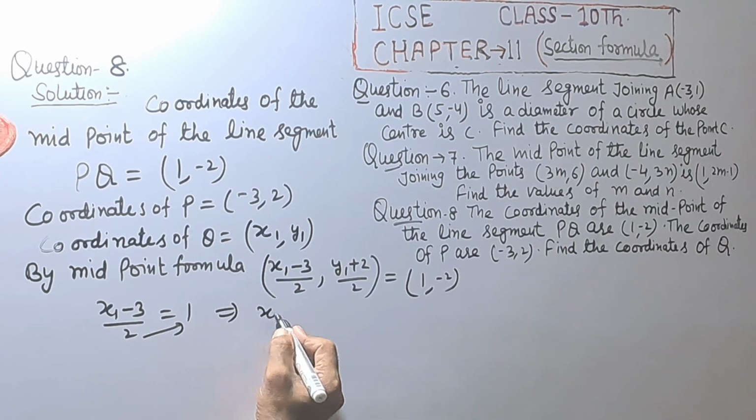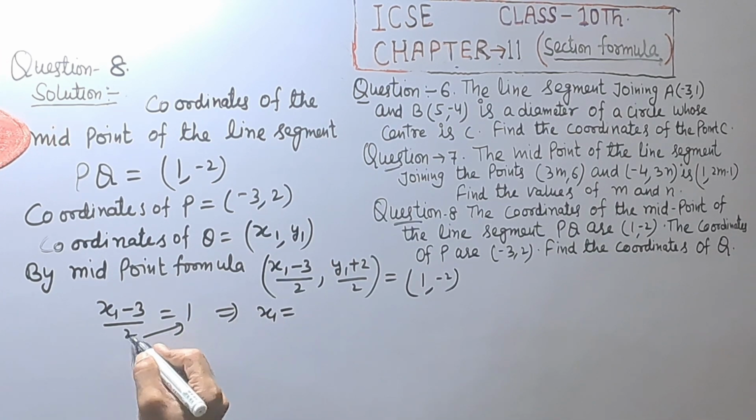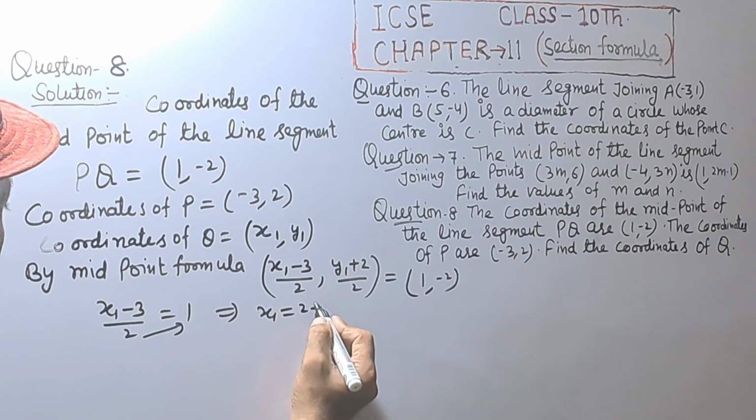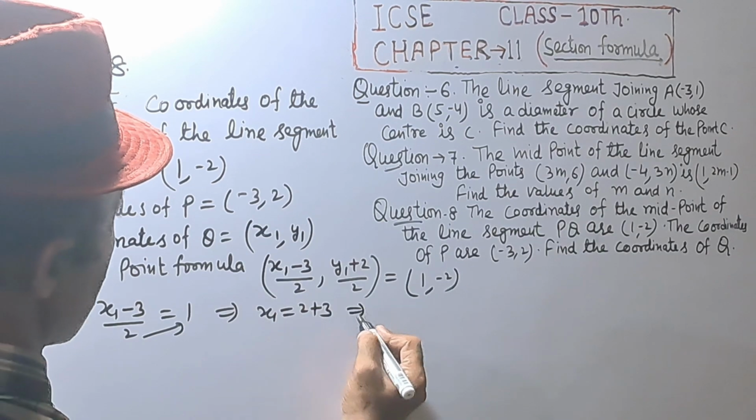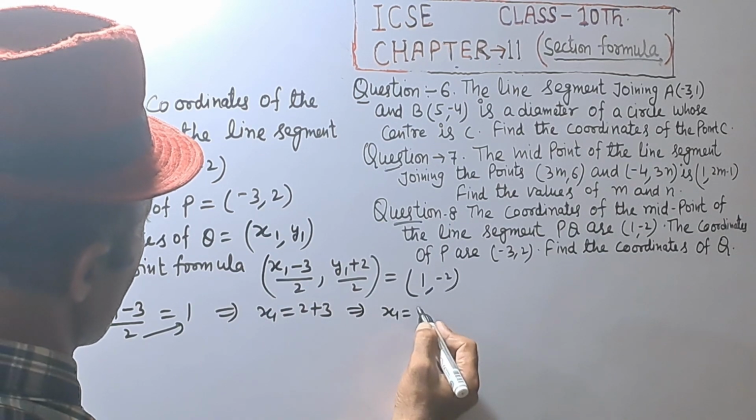Cross multiplying, x1 is equal to 2 1s are 2 plus 3, which implies x1 is equal to 5.